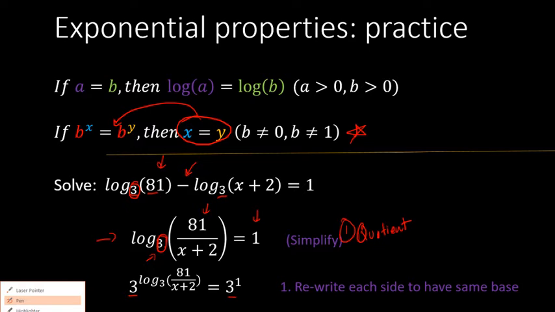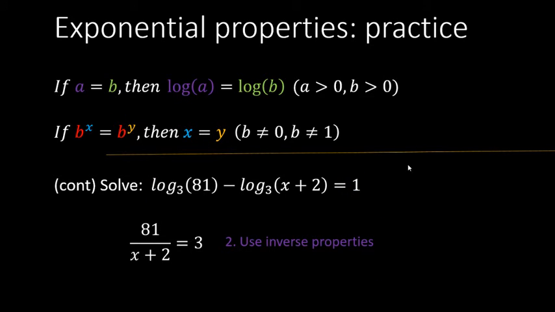So notice that now I've got this nice little thing happening where I've got 3 to the log base 3 of 81 over x plus 2. Since my 3's here are equivalent, I know that these operations are going to undo each other, and I can rewrite this simplified as 81 over x plus 2.